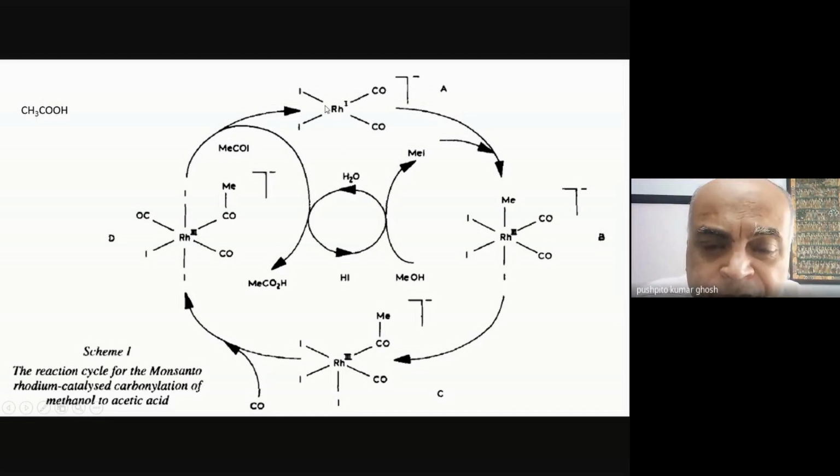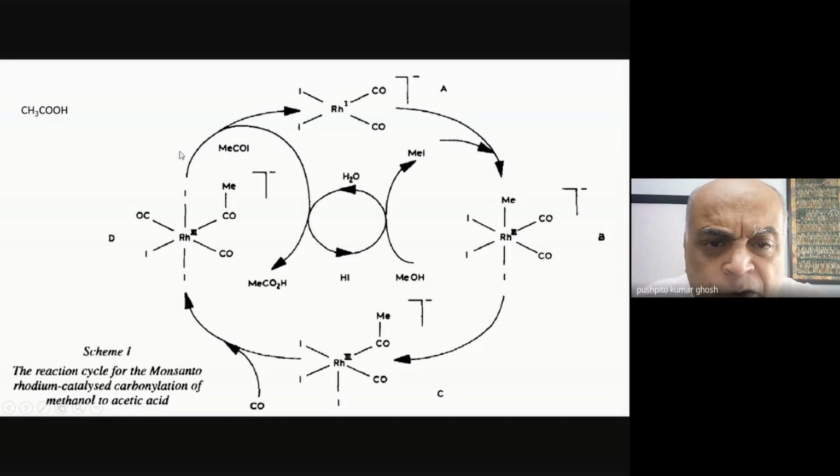So what this did is a beautiful shuttling job where it was able to bind both the CO and the, well, not really methanol, methyl iodide, and then it got a transfer of the methyl from the metal center to the carbonyl.